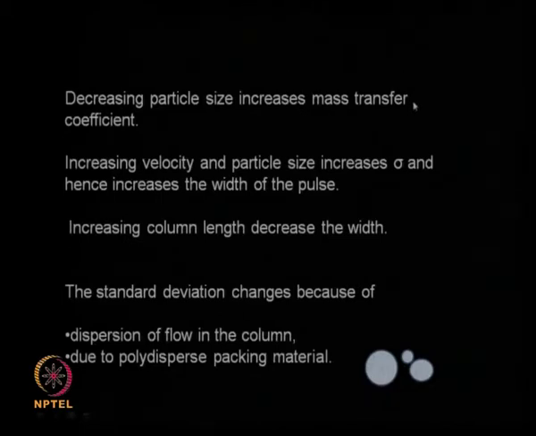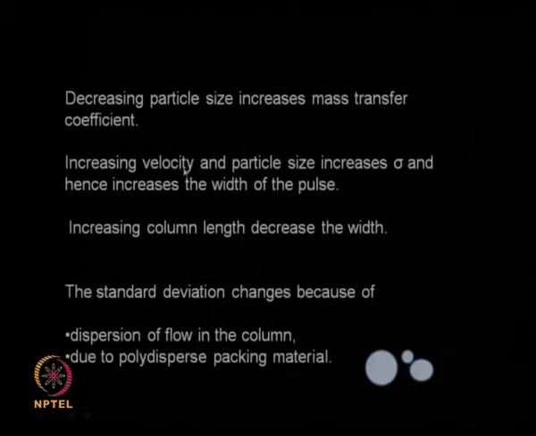So ideally it will be very nice to have very small sized particles, but then in a packed column if you reduce particle size you are increasing the back pressure. That means you need to have pumps which can deliver very high pressure. That is why in HPLC type of systems, where the particle sizes are in the micron range, the pressure developed by the column is so high that you need very high pressure pumps.